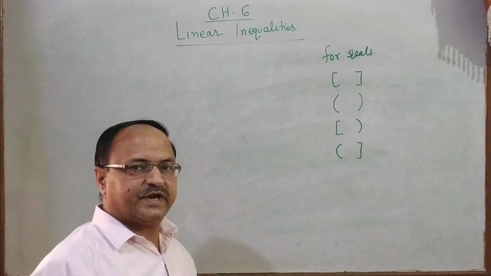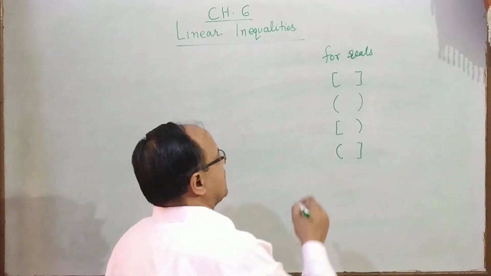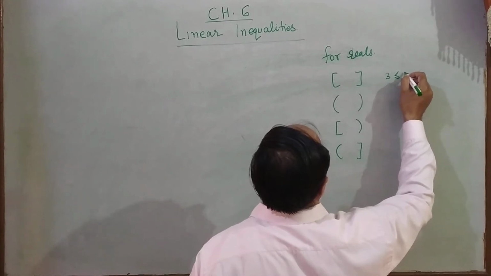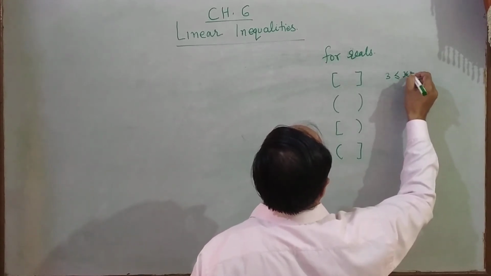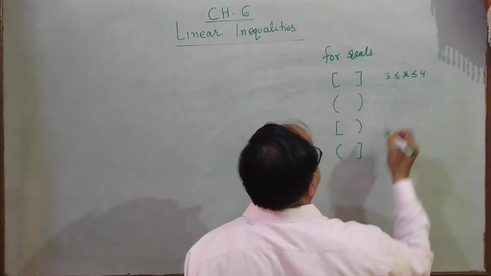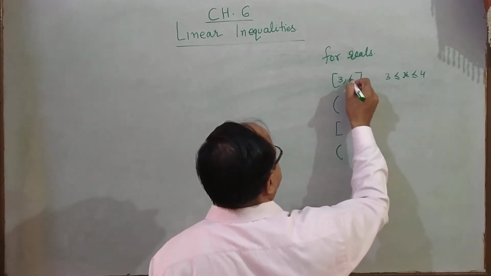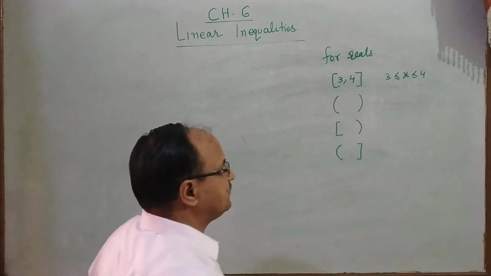There are 4 types of brackets you can use. For example, 3 less than or equal to x less than or equal to 4. Then you can use this bracket. 3 comma 4 is the solution.